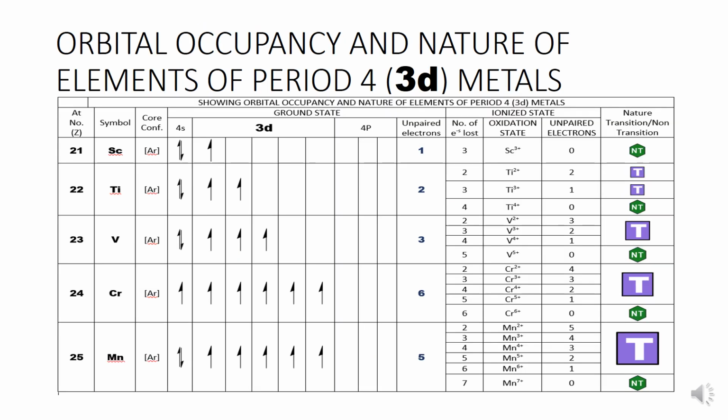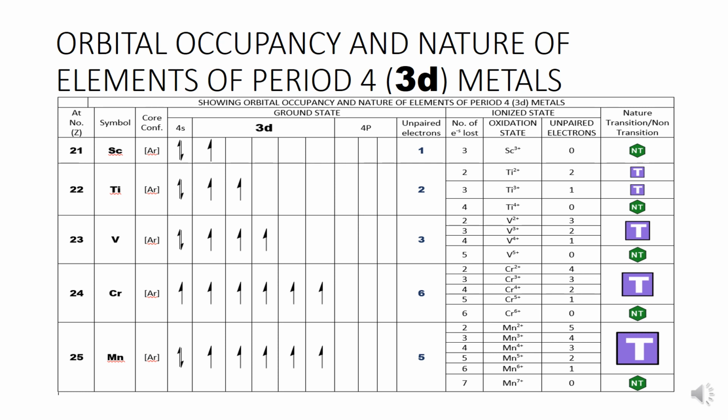Now, in discussing that, we take the elements one after the other. The elements one after the other start with scandium, and in scandium, you see that scandium has one electron in its 3D orbital. This qualifies scandium in the ground state to be referred to as a transition metal.